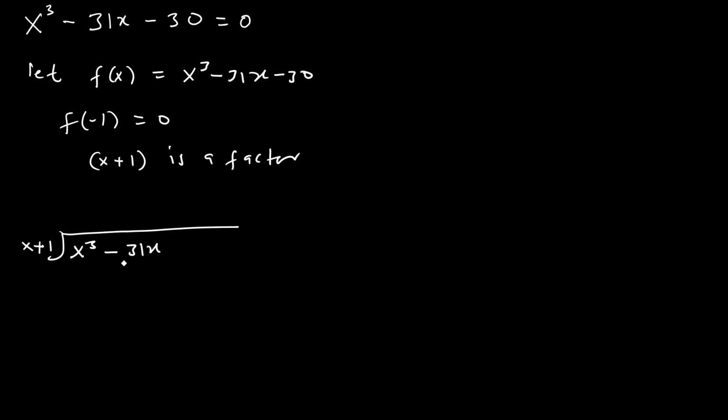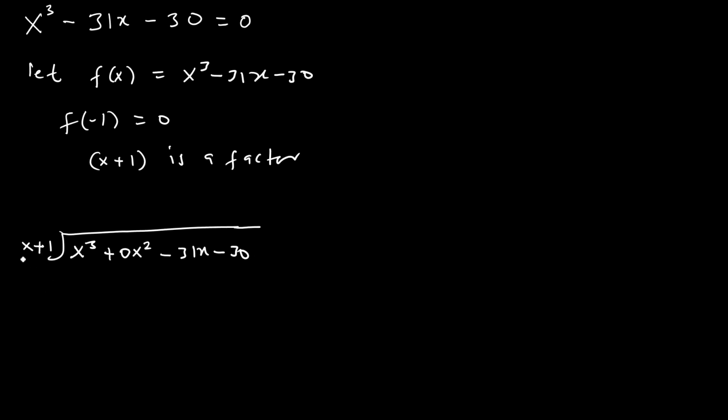We don't have x squared, so let's introduce 0 x squared to make it uniform. Then we bring our minus 31x and minus 30. So it's now balanced. We have cube, squared, 1, and then 0.